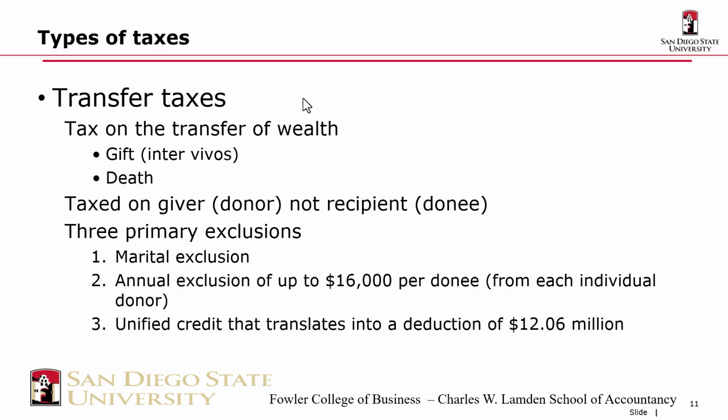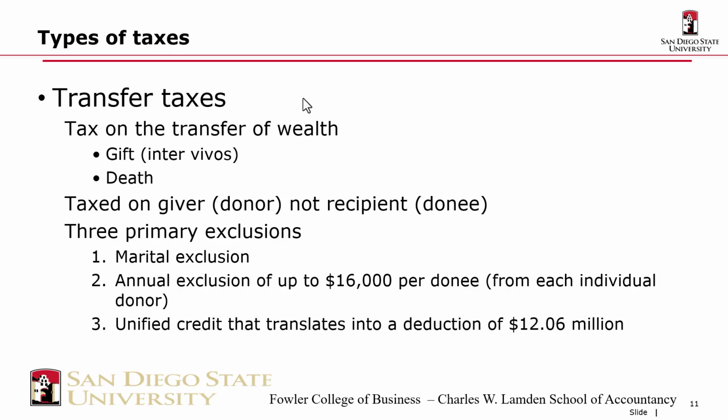Well, I can do that as well, because per donee, per person I'm giving it to, it's still only $16,000. It is from each individual donor. So since I am married, my spouse could also give $16,000 to each one of those same people. So they get a $32,000 gift and there would be no transfer tax on that. That's the second way to get out of transfer taxes.